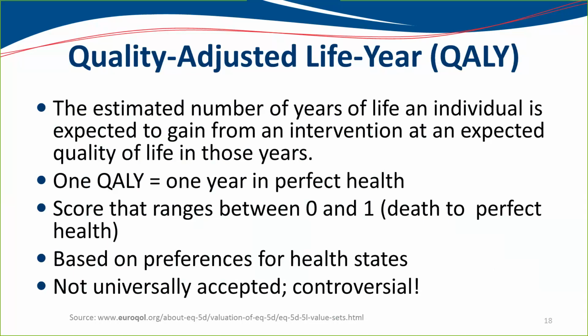So if I had a new treatment that added 10 years of life, but maybe I have some quality of life issue in those 10 years due to the treatment, maybe we would discount those years and it wouldn't be a full 10. You'd multiply it by that adjustment. And again, it's not universally accepted, and it is controversial, so we'll just leave that here for now.